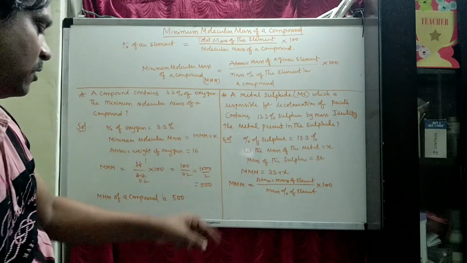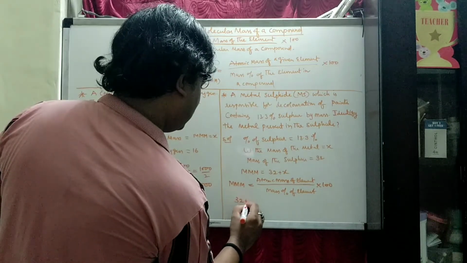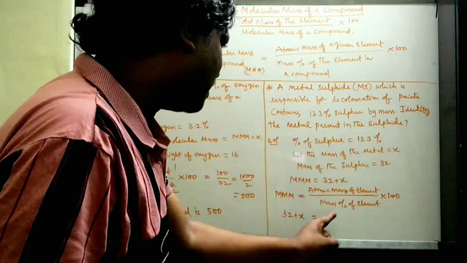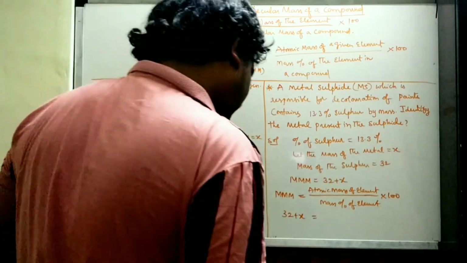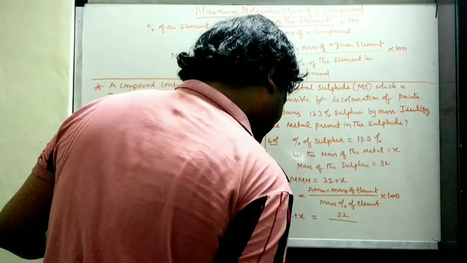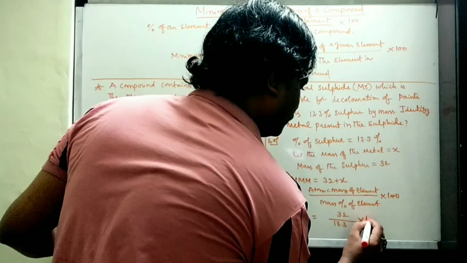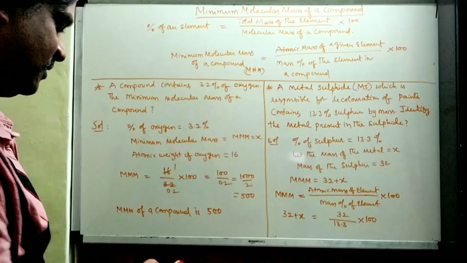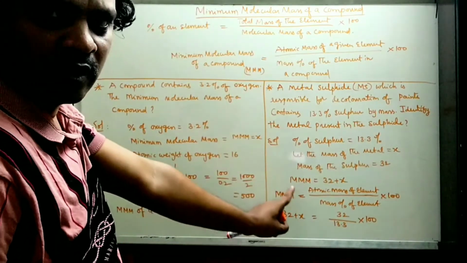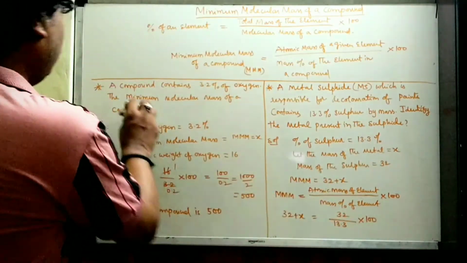Now the minimum molecular mass is 32 plus X, is equal to the atomic mass of the element, which is 32, by the mass percentage, which is given as 13.3, into 100. Hope that you understand that step.